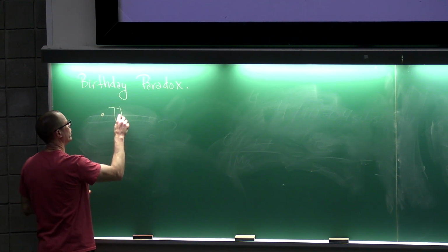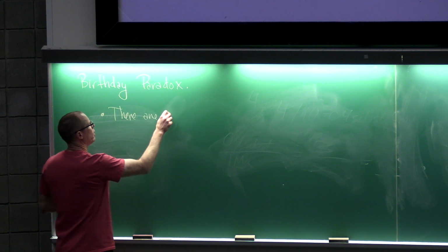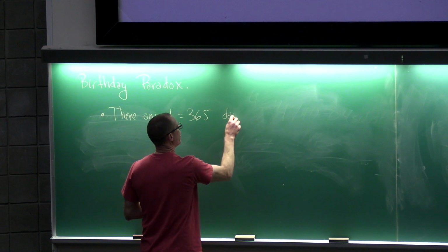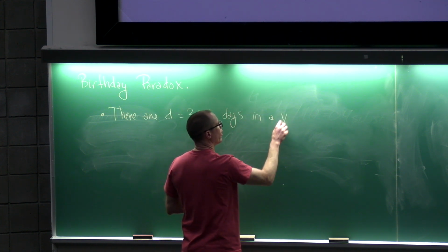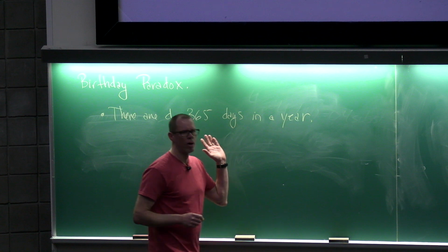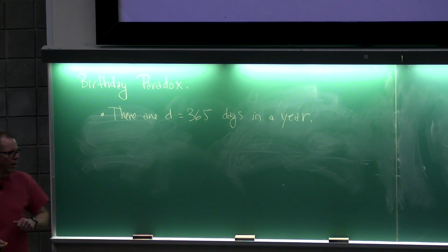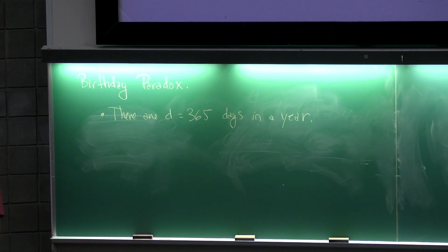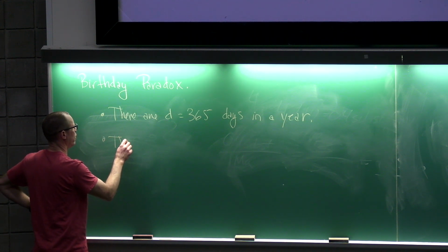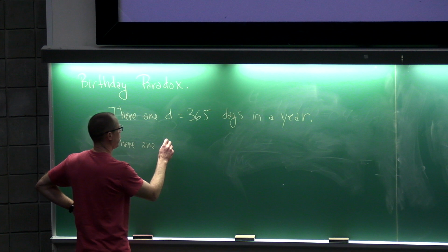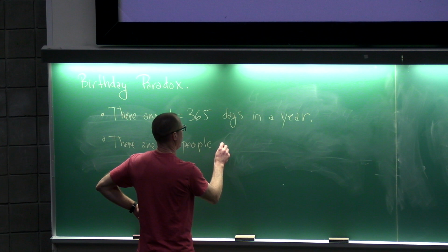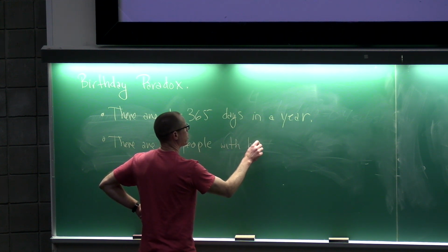There are D, and I'll say D is 365 days in a year. We'll ignore leap years because this is just a model for a class of problems. And D is really a variable here, but 365 for what we're used to for birthdays. And there are N people with birthdays.